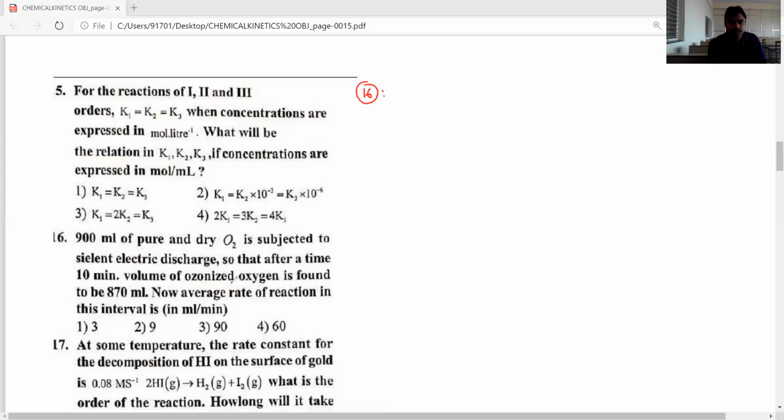After 10 minutes, the volume of ozonised oxygen formed is 870 ml. This means O2 is converted into O3. 3 moles of O2 is converted into 2 moles of O3. Initially, how much O2 is present? Initially they gave 900 ml.